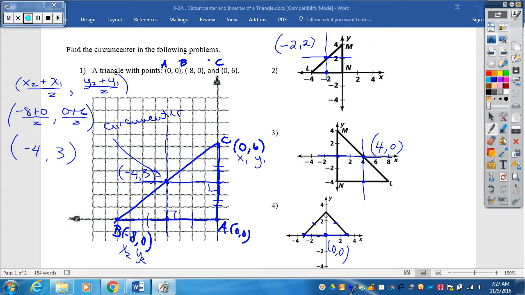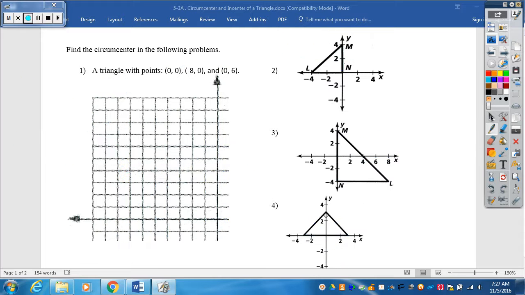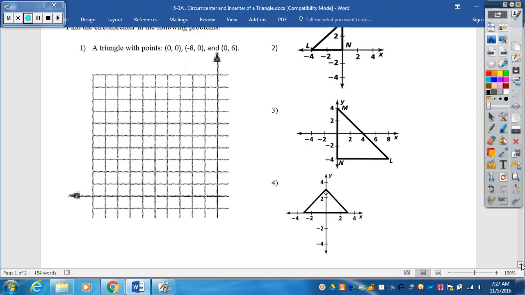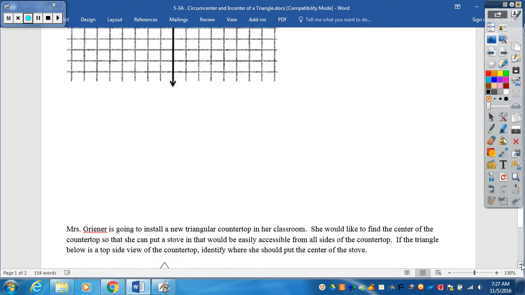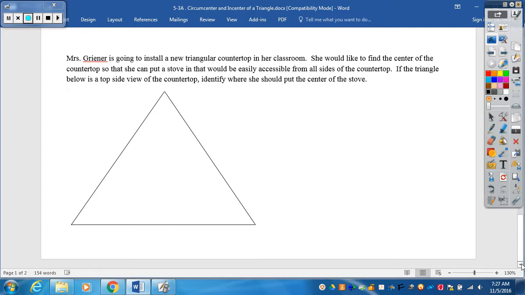Now, I'd like you to go to the back side of your paper real quickly with me, and I want to look at the very last problem, and then we'll come back to the second to last problem. The second to last problem is fairly complicated, okay? So what I want to look at here: Mrs. Greiner is going to install a new triangular countertop in her classroom.